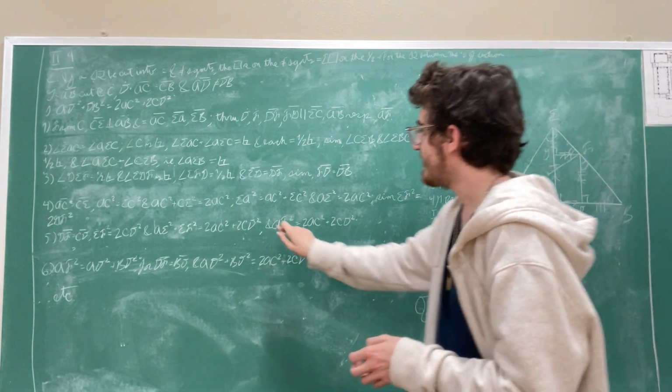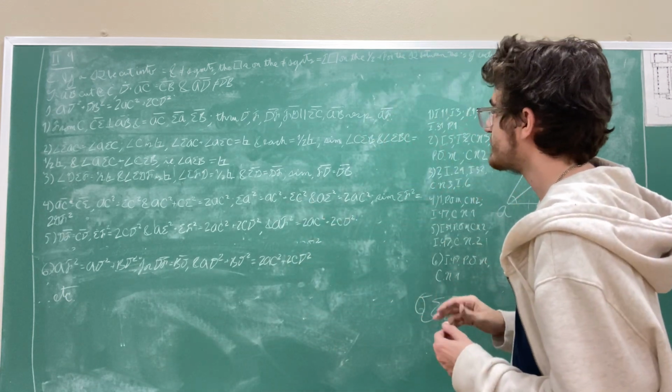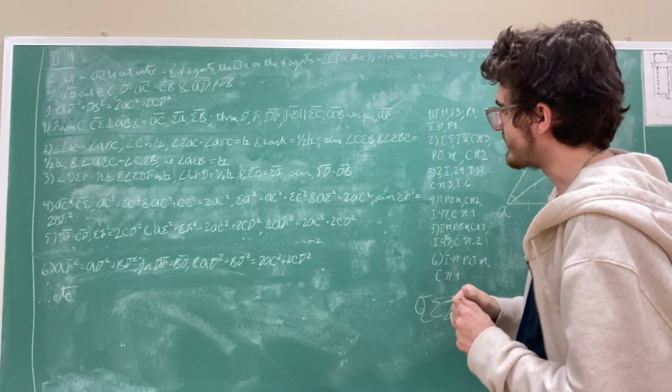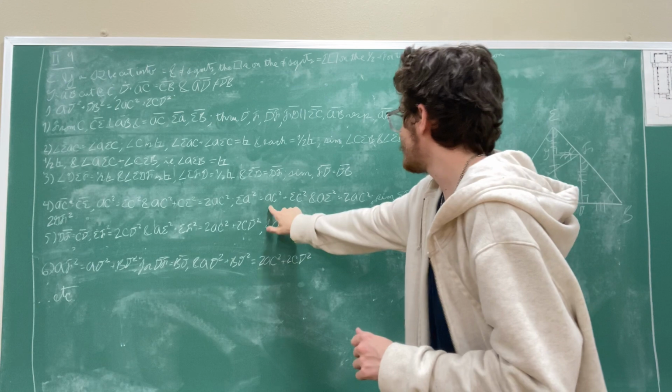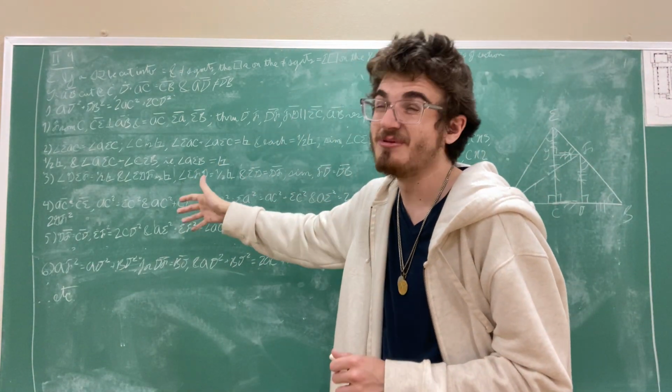And so we can say that EA squared equals AC squared plus EC squared. And so we can also say that the square on EA will also equal double AC squared, because AC squared plus EC squared equals double AC squared.